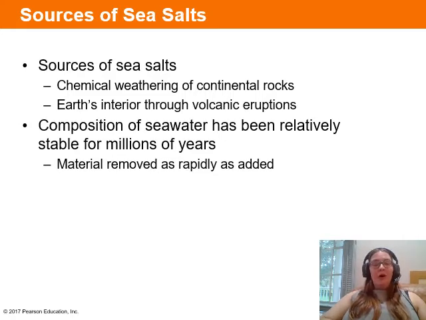And this is because all living things need some amount of salts in their diet. As humans, you might think that you shouldn't eat a lot of salt, but we still need some salts in order to survive. And all living organisms on the earth, whether it's animals or plants, if they're living in the oceans, they're removing some of these salts as well. So we see that the amount of salts added and the amount of salts being removed every year from our oceans equal each other out.